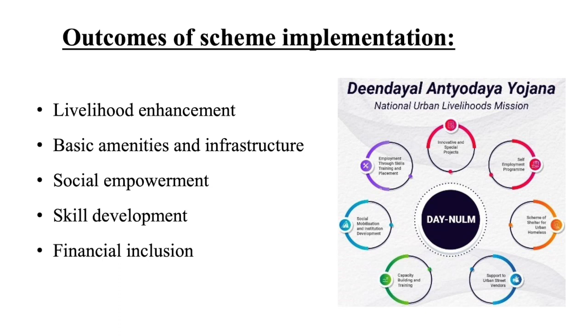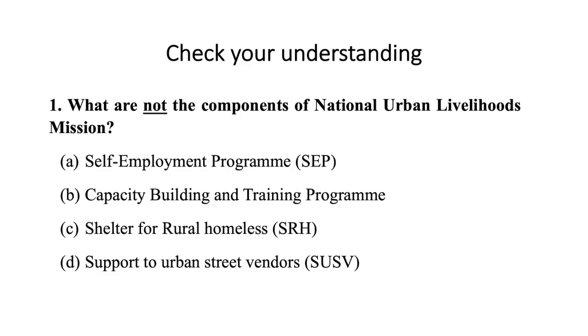It helps enable the urban poor to have financial inclusion, able to come in contact with microfinance institutions and banks for setting up micro enterprises, etc. So far we have learned about the mission, objective, components and entirety of this particular Deen Dayal Antyodaya National Urban Livelihoods Mission. So let's test our understanding in the second part of our presentation.